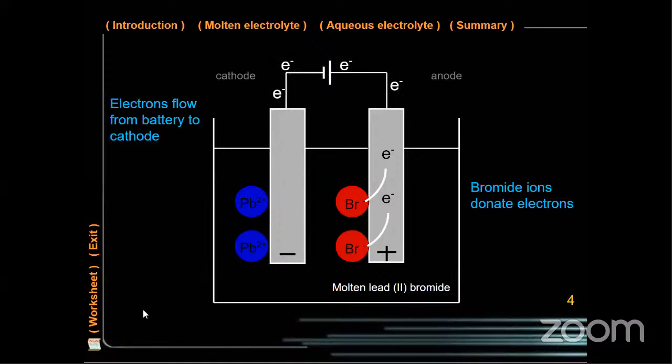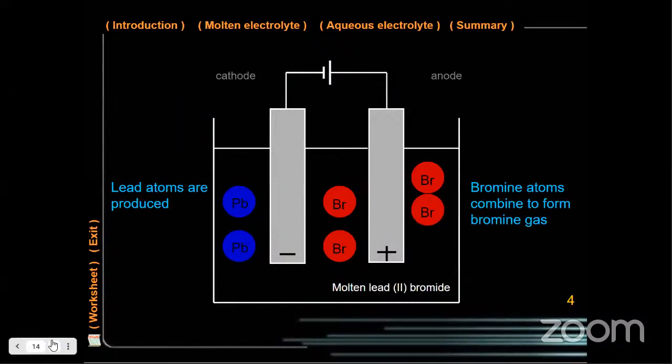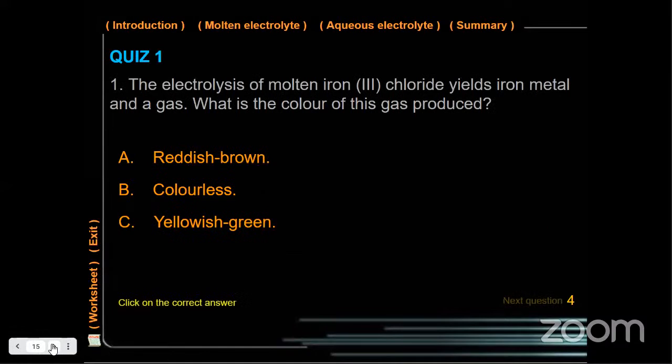It reaches the cathode now, and those electrons are given up to the cations, that are the lead 2 ions, and you form the lead. The bromine atoms form bromine. Lead is going to fall to the bottom and so on.